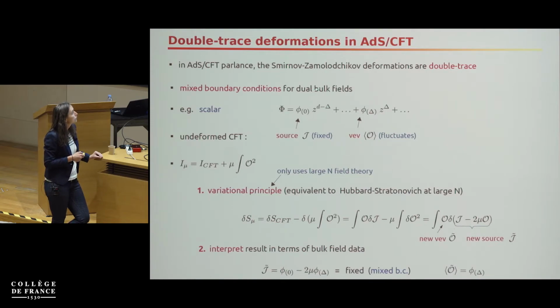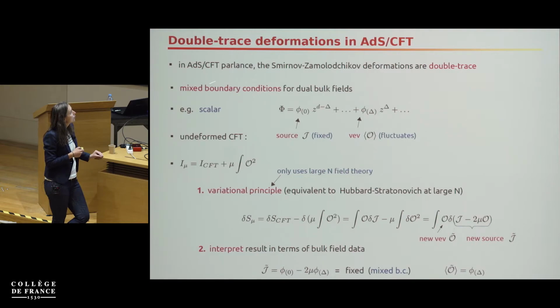And the coefficient of this power, for standard AdS/CFT with Dirichlet boundary condition, is interpreted as the source for the dual operator. I call that source J, which we want to keep fixed if we have Dirichlet boundary conditions. And the coefficient of this power is usually interpreted as the expectation value of the dual CFT operator, and it's supposed to fluctuate.